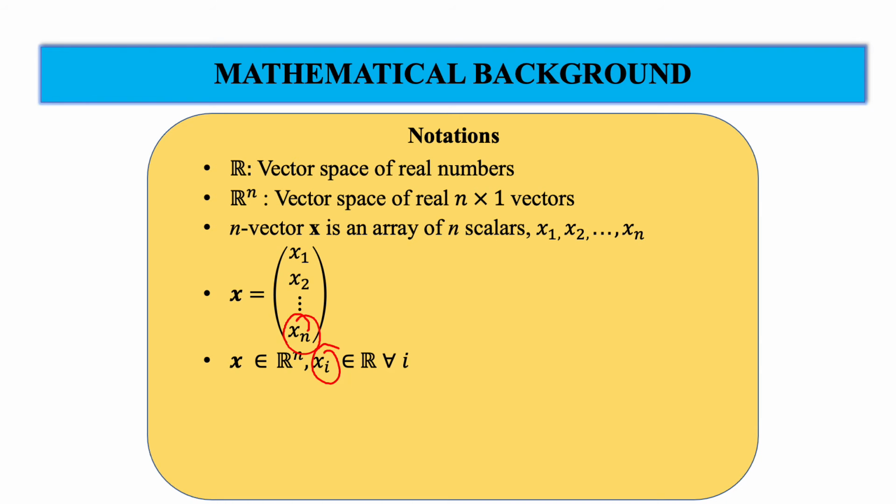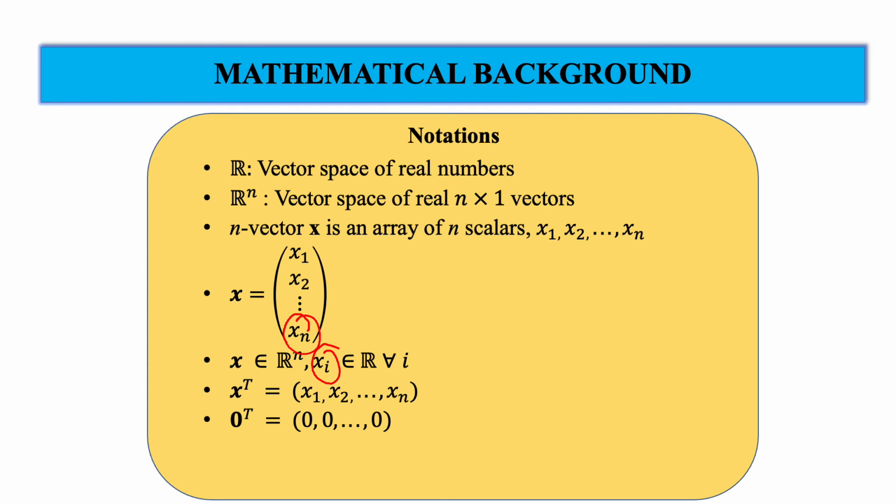Now the transpose of a vector will be denoted by a row vector. You will denote a vector by a column, and the transpose of a vector is shown by a row vector. Now there are some special cases where we have the zero vector.